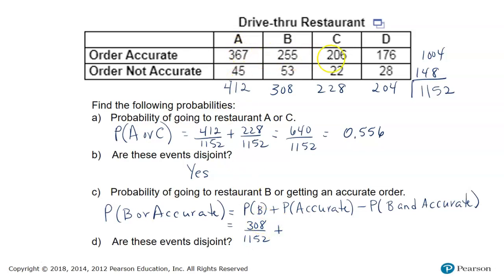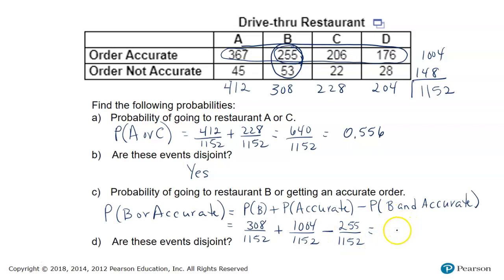Probability of an accurate order is going to be 1004 out of 1152. And then probability of B and accurate, if we look up here, here's our accurate orders. Here's our B. So the part that gets overlapped is this 255. So that's what we're going to subtract here because it got counted both directions.